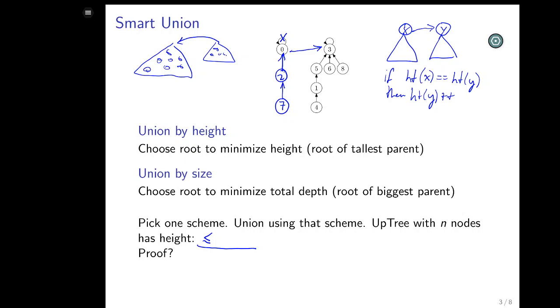But remember, when you're analyzing this, you're thinking about what's the fewest number of nodes, for example, that you can have in a tree that has height h. You imagine somebody has done union by height and produced a tree of height h, and you say this tree of height h could not possibly have this few nodes.